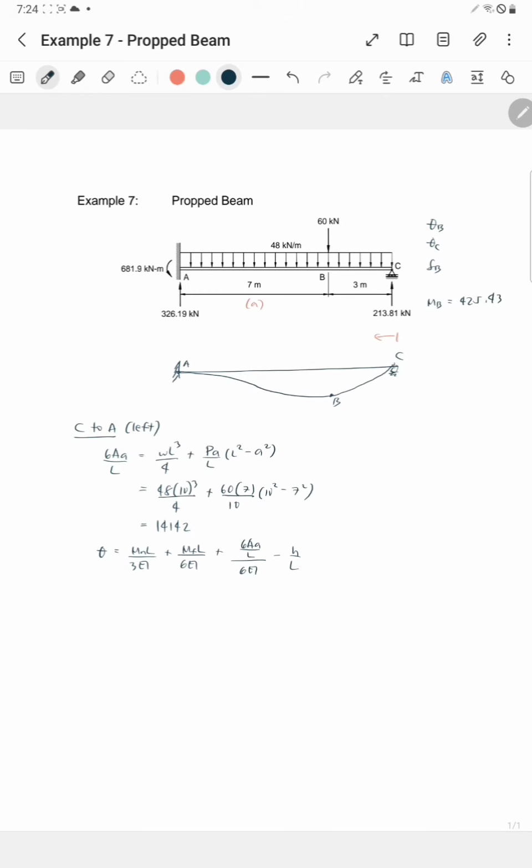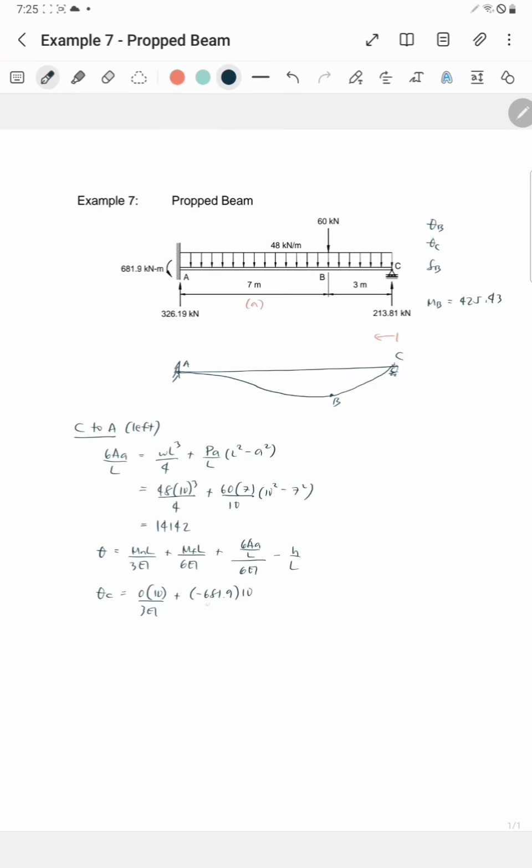This is the formula for theta left. And theta at C equals, the moment near is the moment at C, 0. The length is the distance from C to A, 10, over 3EI, plus moment far is the moment at A, downward, negative 681.9.